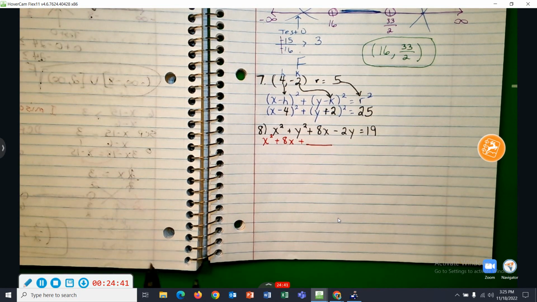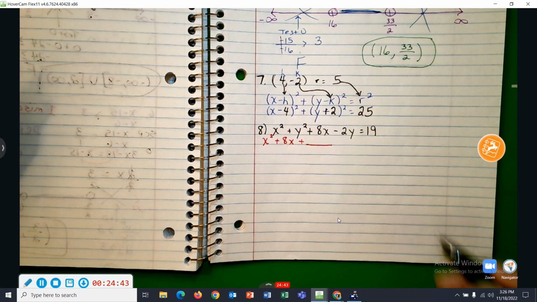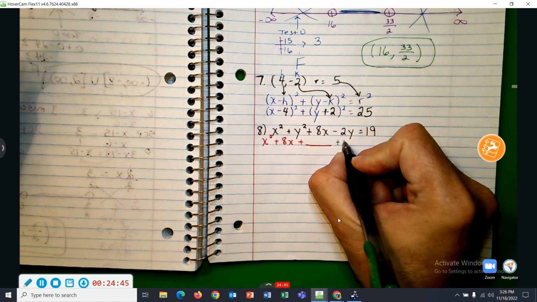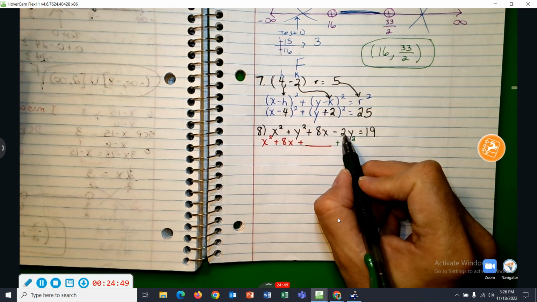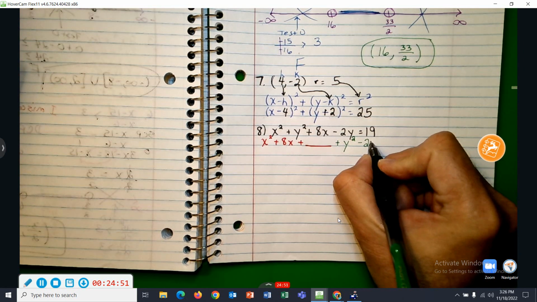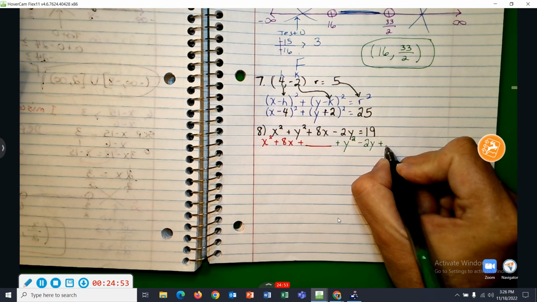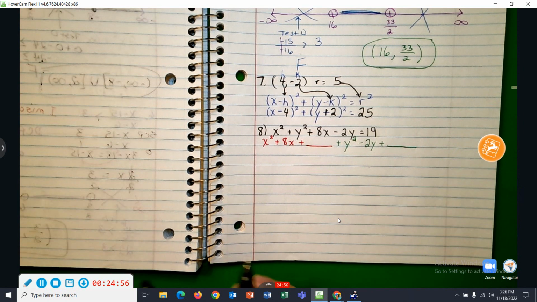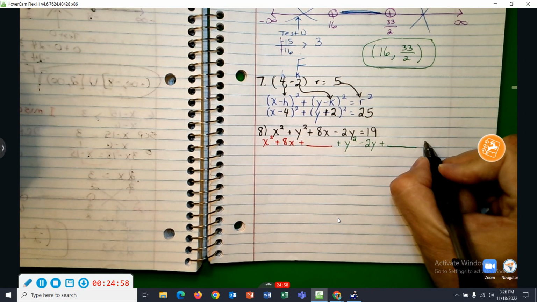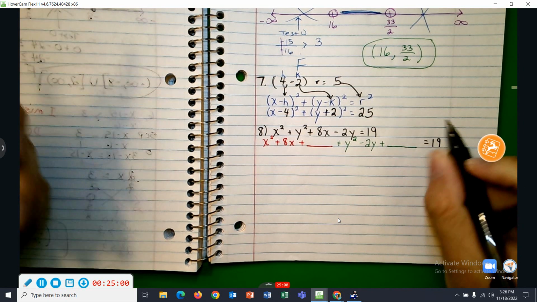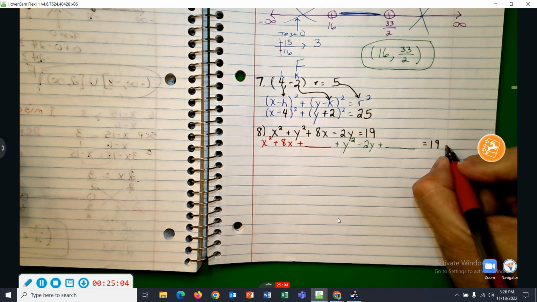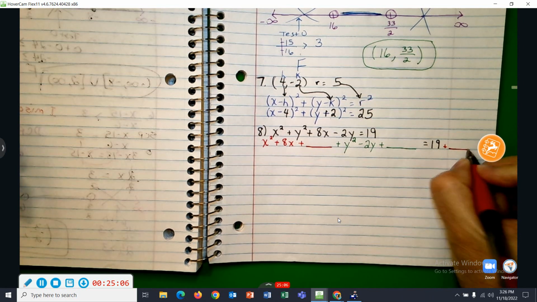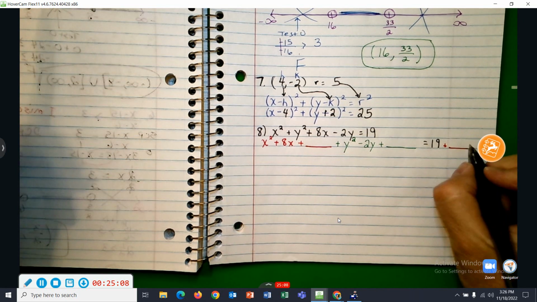I'm going to fill that in a moment. Then we'll put in the y terms, y squared minus 2y plus blank, equals 19. We're going to fill in each of these blanks with numbers, and whatever number we add to the left, we've got to add to the right.